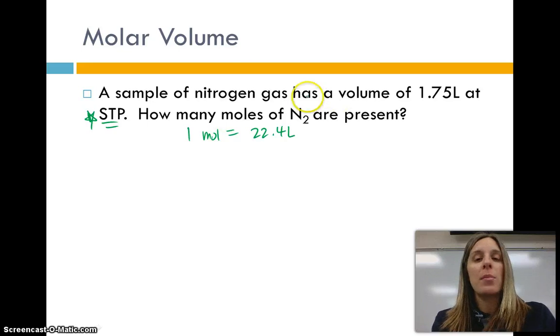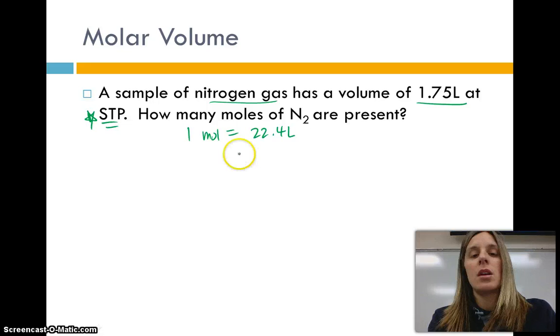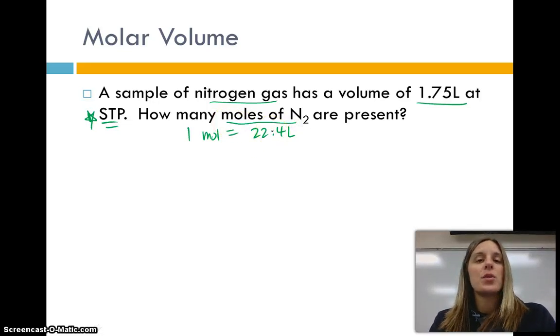If we look at the problem, I've got 1.75 liters of nitrogen gas, and I want to know how many moles of nitrogen gas are present. Since I'm starting with nitrogen gas and ending with nitrogen gas, I'm only staying on one side of my mole map. I'm going from volume 1 to mole 1. This is one arrow, so it's a one-step conversion.